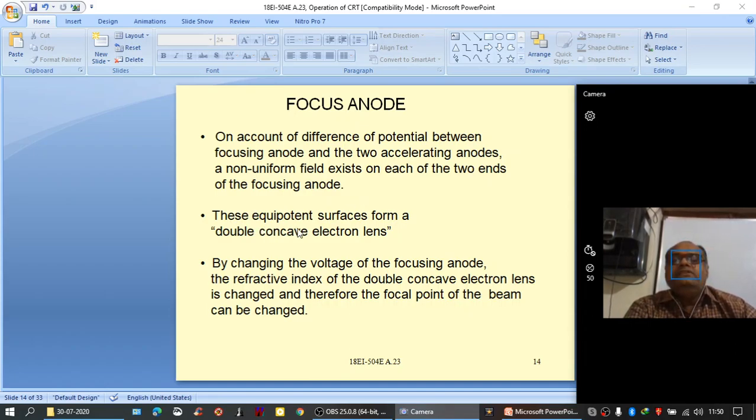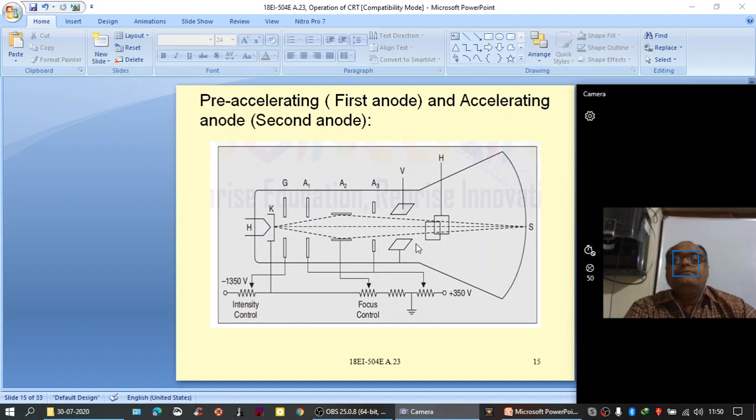These equipotent surfaces form a double concave electron lens, that is this type of shape. This is the first anode, this is the second anode. So at the first anode, the electrons will start moving like this. And at the second anode, they start converging like this.